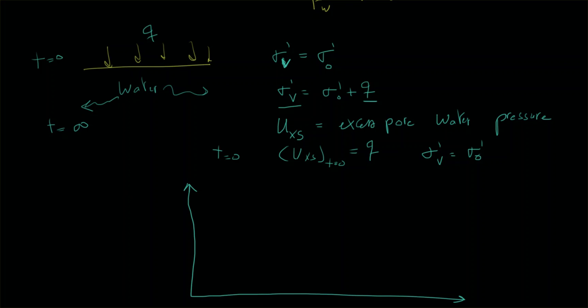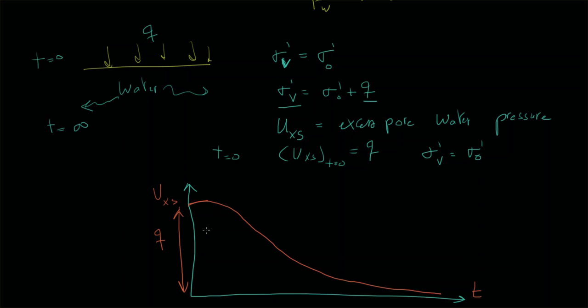In red I have my excess pore water pressure. Here is time. Initially, as we loaded at time 0, the excess pore water pressure gets all the value. This value equals Q, the surcharge.